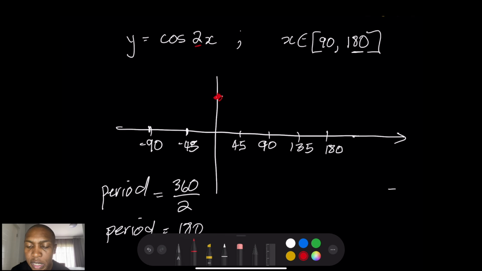Cos of 90 is 0, but 2 times 45 is actually 90. So that's why at 45, this time you'd have 1. Remember, I'm doing exactly what the cos graph would do. At 90, you'd see that we'd have a value of minus 1. So there's a minus 1 there. I would have a 0 there, and I would have a 1 there.